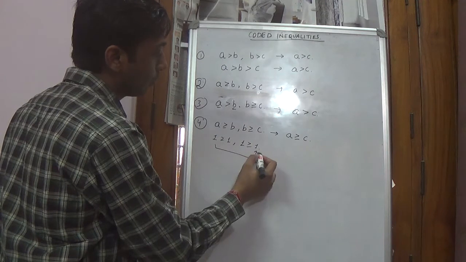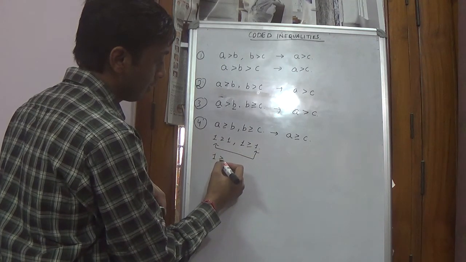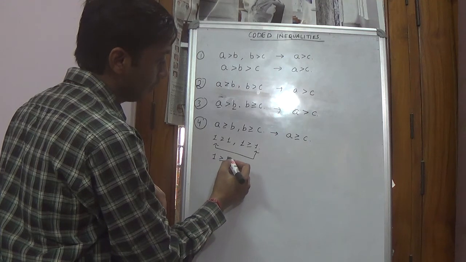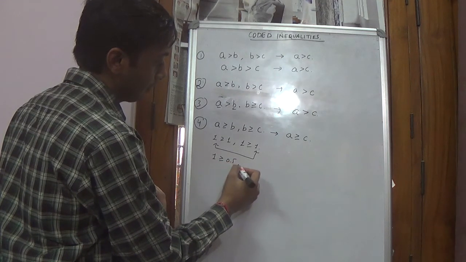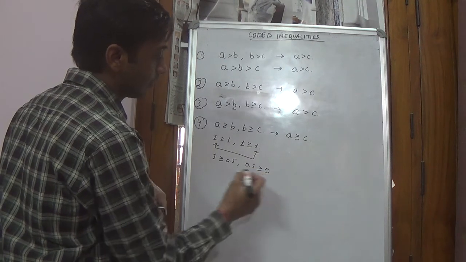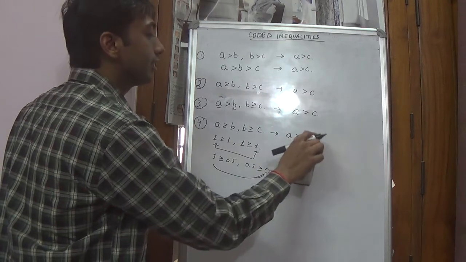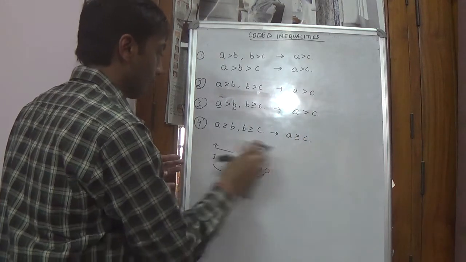Or in the second case, 1 is greater than equal to, say 0.5, and 0.5 is greater than equal to, say 0. So this one is always greater than this 0. So A is either greater than C or A is equal to C.